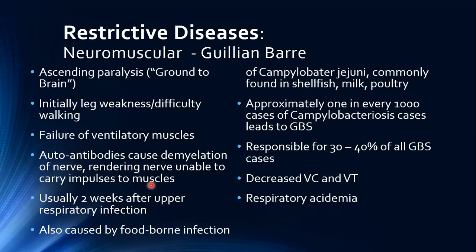So that is a restrictive disease. The reason it's restrictive is because now when I want to take a breath, I can't because the nerve impulse is not there. So if my lungs won't do what I want them to do, that's a restriction, period. That's a restriction.